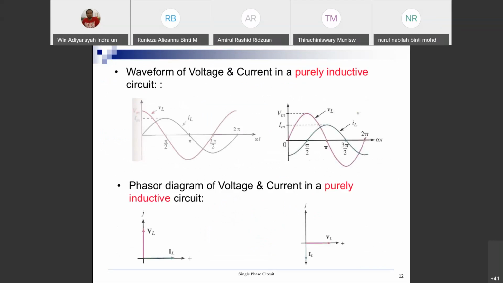Lead means it starts first. They start at different points, and this one is 90 degrees different. 90 degrees is pi over 2.